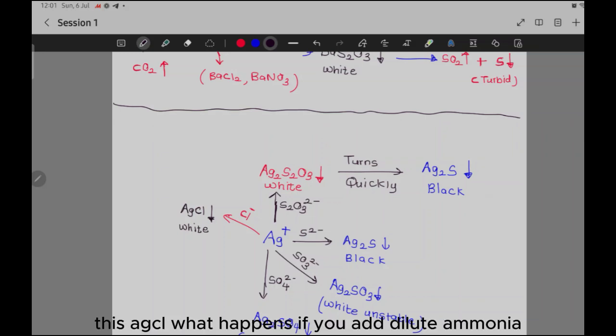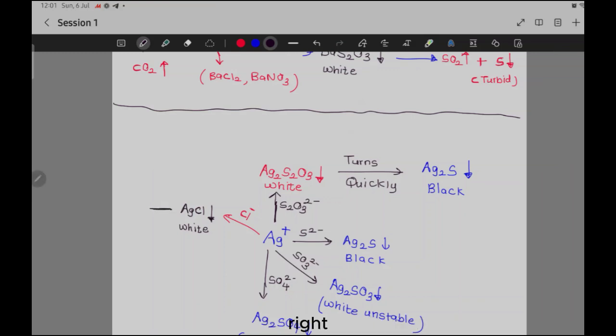Next, what happens if you add ammonia to this AgCl, dilute or conc?